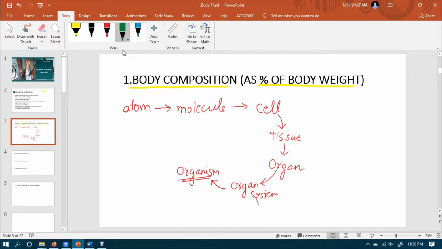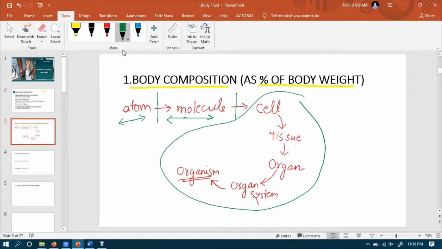We can divide this whole scenario into three parts as we learn about body composition.